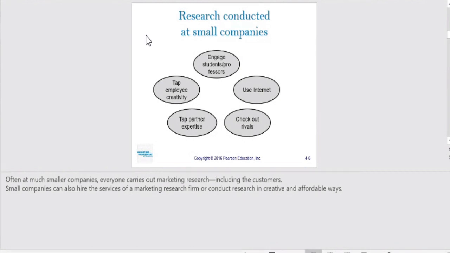Of course, they use the internet, they check out rivals, they tap partners' expertise, and they tap employees' creativity also, because small companies are trying to look at data in an affordable way, and they would not be in a position to reach out to large syndicate companies and handle their operative costs of services, which are very astronomical for their entire budget. So effectively, they try to look at a cheaper and effective alternative, employing other sources which are more effective as such.